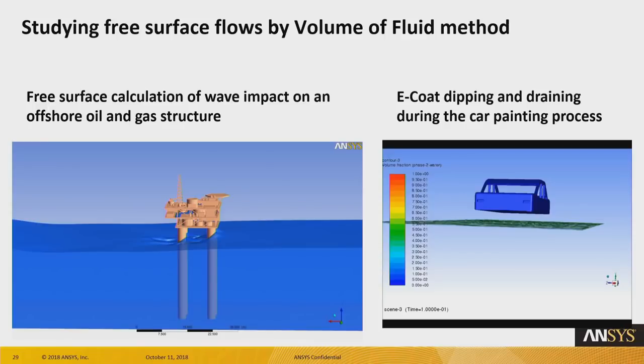Volume of fluid method has the surface tracking capability and is typically used to simulate situations where you have either a single fluid and a single gas with an interface between them, or the mixture of fluids and the mixture of gases, also separated by the interface. So in this case, we have the response of the structure to this single rogue wave.